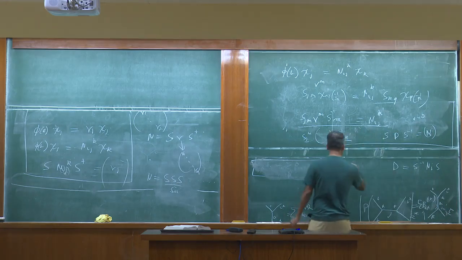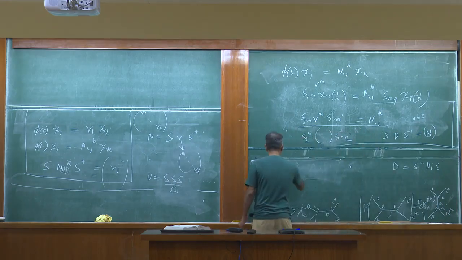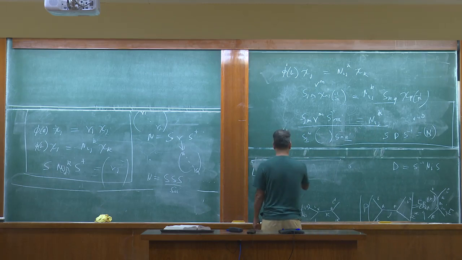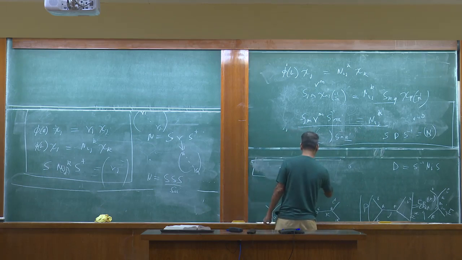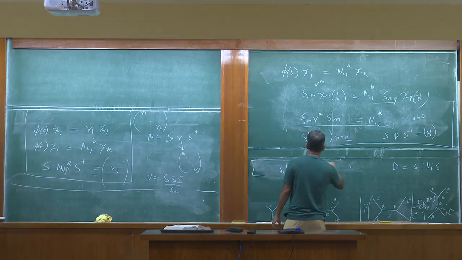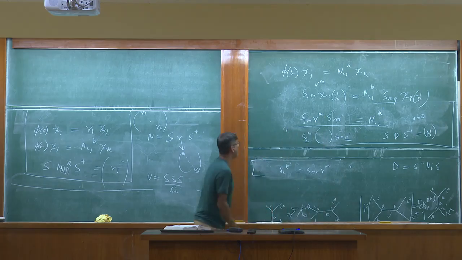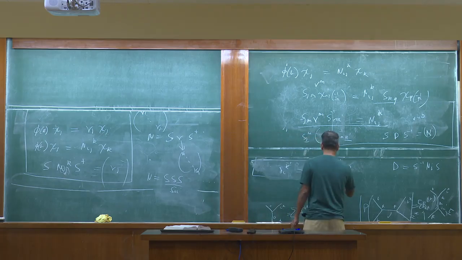So we get the equation delta I k prime is equal to S 0 m gamma m S inverse m k prime.